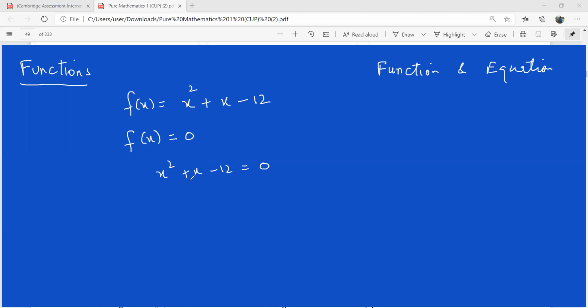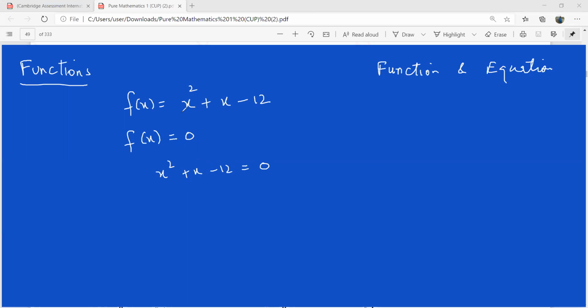Now, this is a quadratic equation that has been taken out from this quadratic function. So an equation is taken out from a function, and function is a very broad, very vast kind of a term.